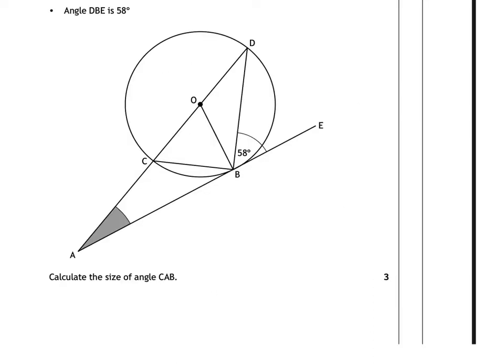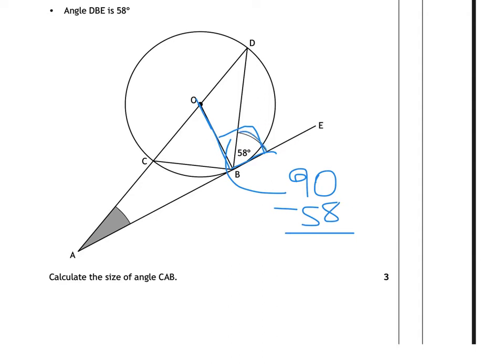Okay, in this question we're going to look for the shaded angle. Now, quite a good way of approaching these questions is to not necessarily think about finding the final answer immediately, but just filling in what you can. We can see there that there is a radius and a tangent, so that angle there must be 90 degrees, which means that angle in there must be 90 degrees minus 58 degrees.